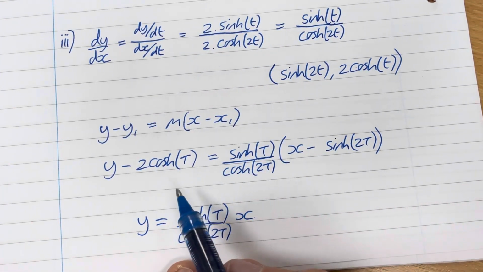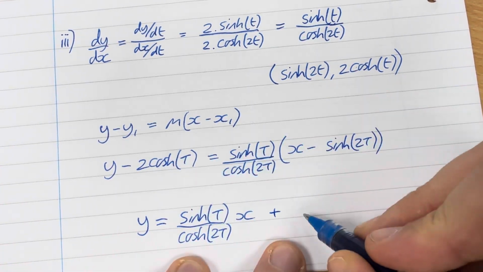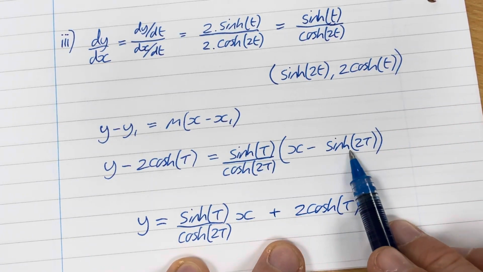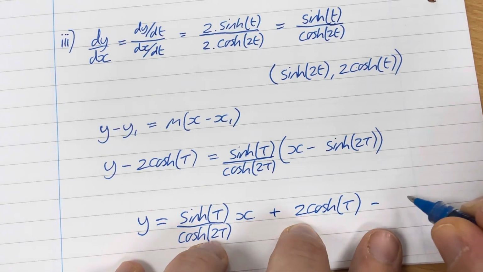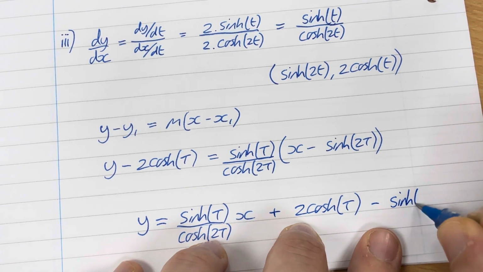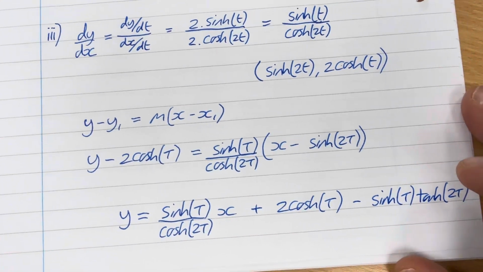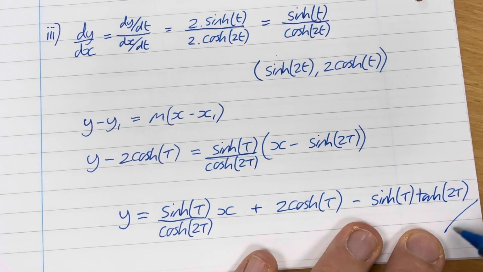And then my constant, I'm going to bring this one across first, so plus 2 cosh T. And then the sinh T divided by the cosh 2T is going to give me a tanh. It's negative. So I'm going to end up with sinh T tanh 2T. Okay, and this here is the b. And that is it. That's the equation of the tangent at some general point T.